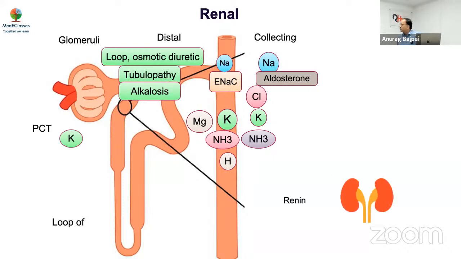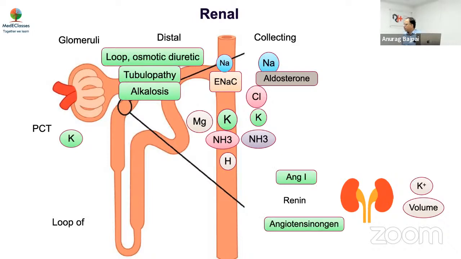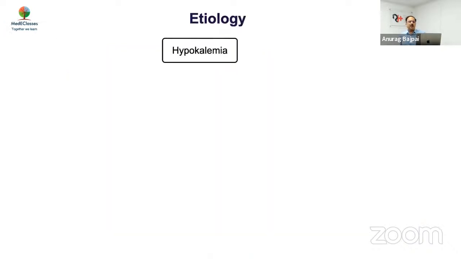Aldosterone is in turn regulated by the renin system, which is triggered by high potassium and volume depletion, which produces renin, which converts angiotensinogen into ANG1, which is converted by the ACE enzyme into ANG2, which acts on the adrenals to cause production of aldosterone. So we know that the renin-angiotensin system is a major regulator of potassium excretion.